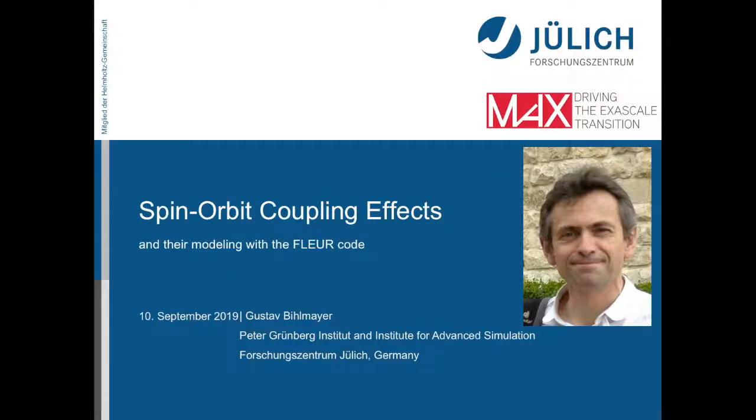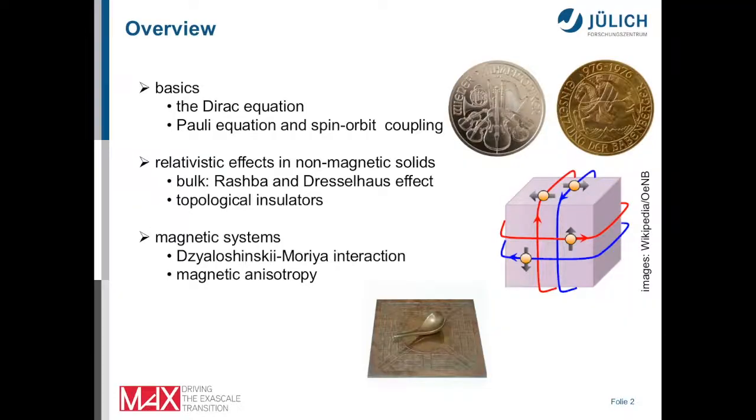And in fact, I will talk more generally about relativistic effects, but most importantly the spin-orbit coupling and how we model them with the Fleur code, something we will do also this afternoon. I thought I would start a little bit with the basics, the Dirac equation and the Pauli equation, and how this spin-orbit coupling arises from there.